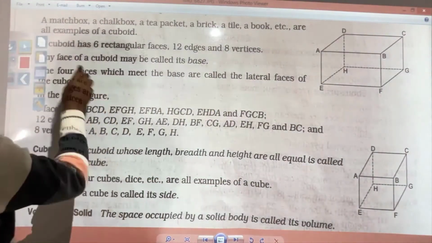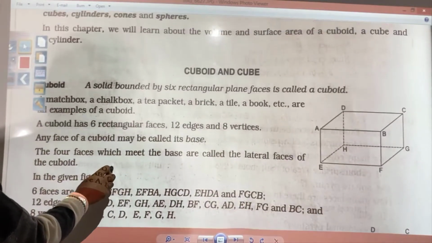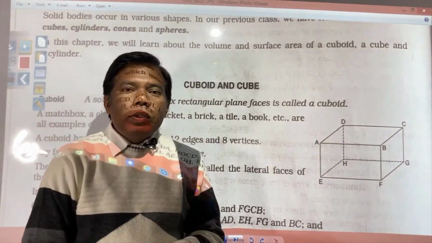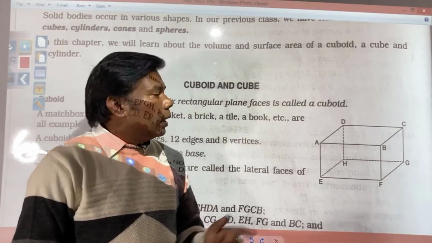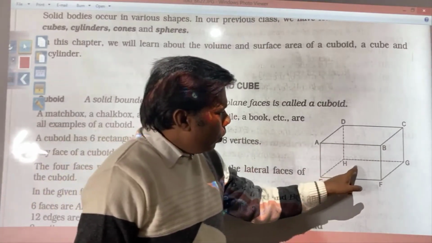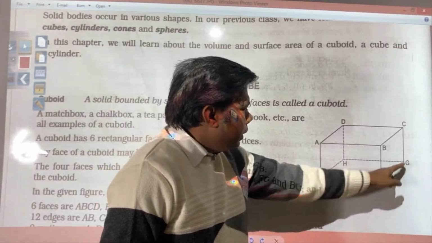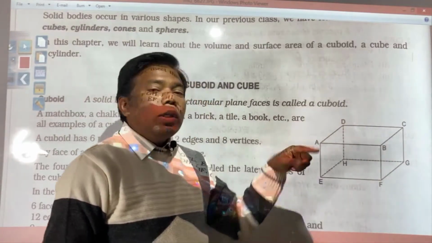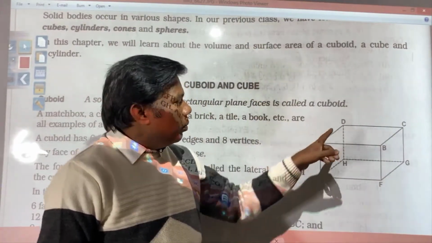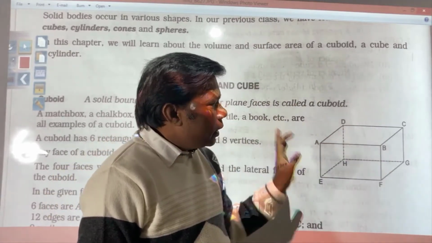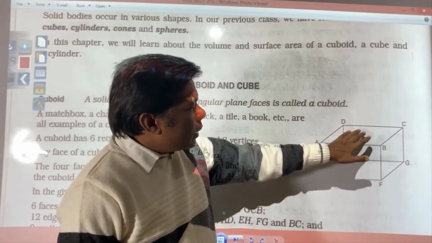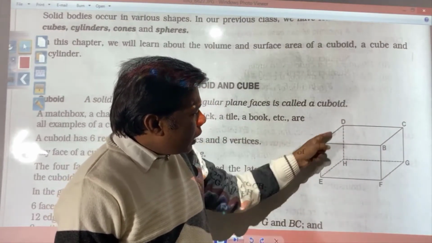Here you see. If you are sitting in a room, just assume your room is a cuboid. This is your floor area, E, F, G, H. A, B, C, D is your ceiling. Just watch your room. This is your ceiling, and 4 walls you have.